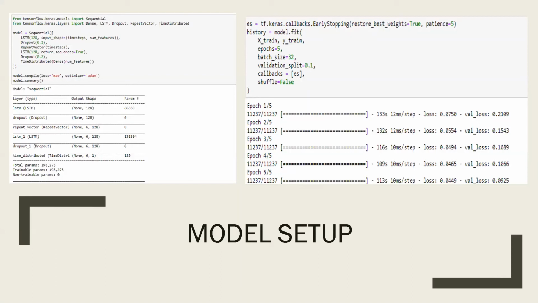After successfully running our model, we fit our model. You can see the fit code on the right side. This fit code has some important things like epoch, validation split, and batch size.